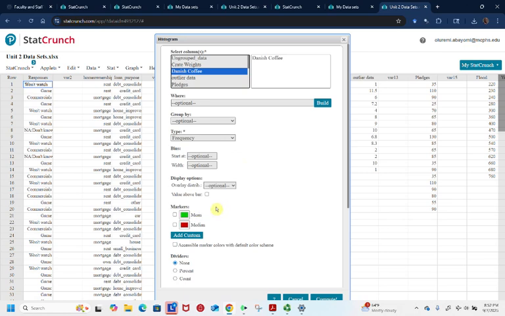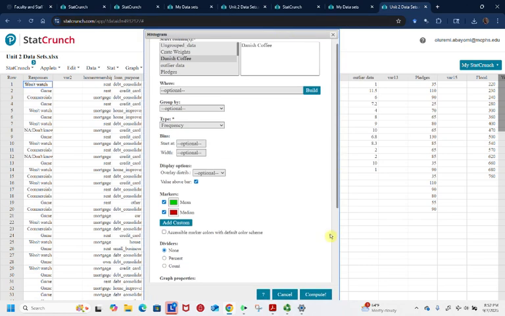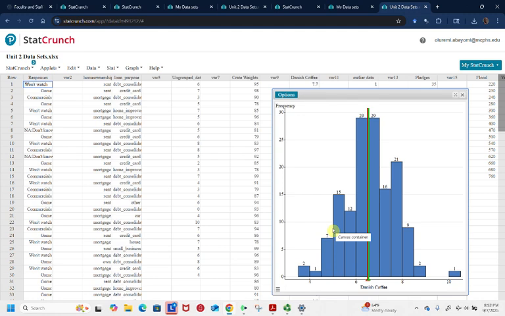In this case, I'd like to put values above the bar so that I can see the numerical counts of the frequencies in each bin. And possibly, if I want, I might want to see the mean and the median. In that case, I am going to grab this and move it up, and we're also going to see some other qualities of the graph that I might want. In particular, click on Compute.